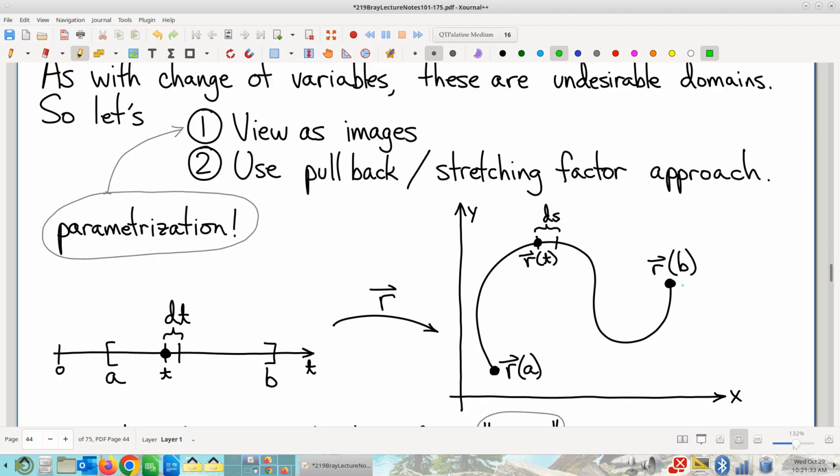This does not. So we can't just say change of variables, but strategically, it's all the same basic ideas. So in this case, the idea of viewing your undesirable domain as an image is literally a parameterization. So instead of pulling back through a change of variables function, we're just going to be pulling back through a parameterization.